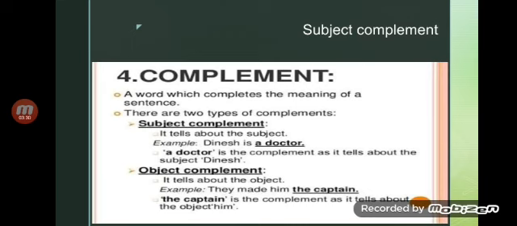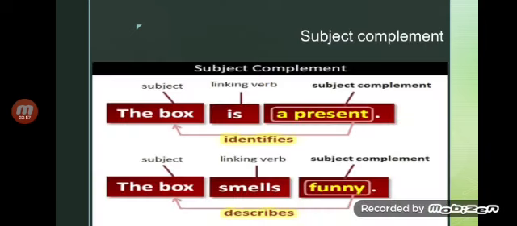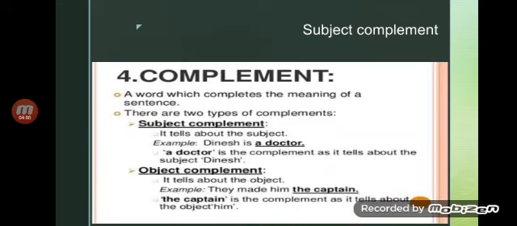What is a subject complement? It tells about the subject. When a complement describes the subject, it is called the subject complement. So what is the key point? The completers that describe the subject are called the subject complement. It could be an adjective, noun or pronoun followed by a linking verb.